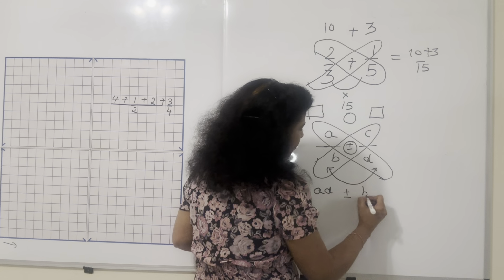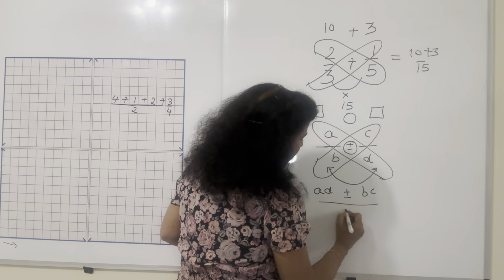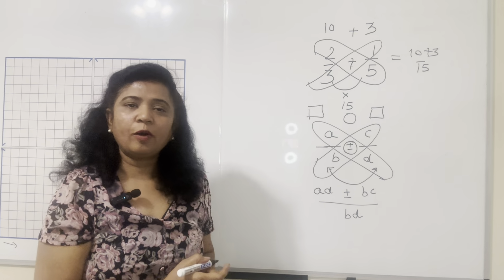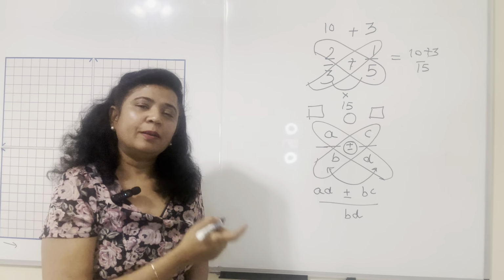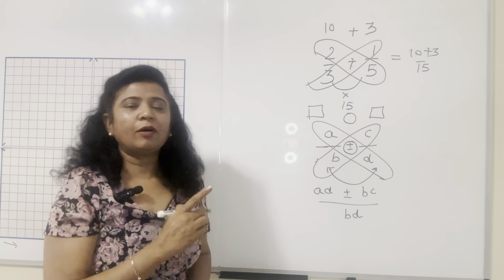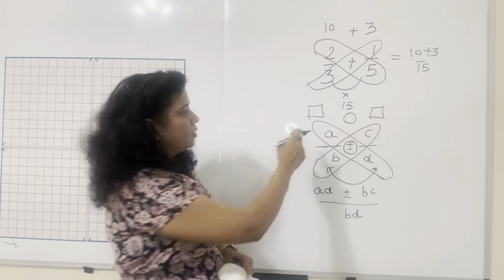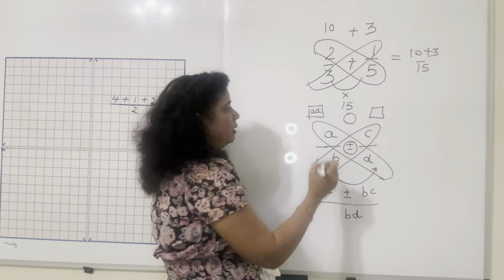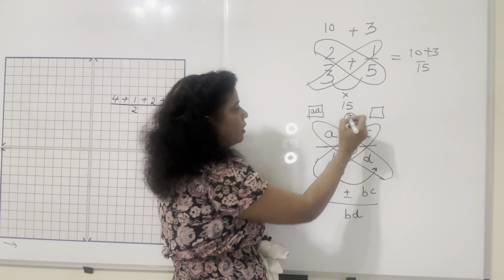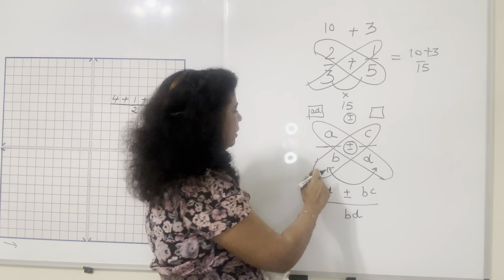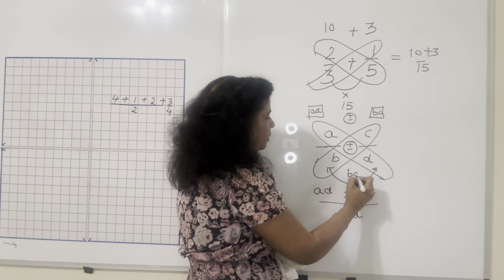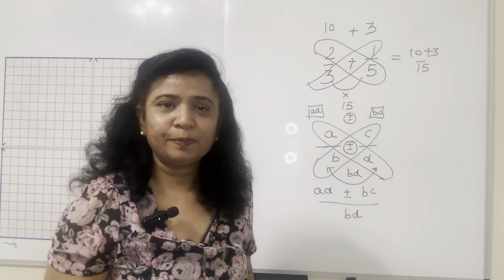Then BC, you multiply here and divide by BD. So this is the formula you can say for the butterfly method. Addition or subtraction, okay? So you cross multiply A and D, you write it here. Then whatever plus or minus sign you have, you write it there in between. Then BC you multiply here and then BD you multiply here and write as a denominator.